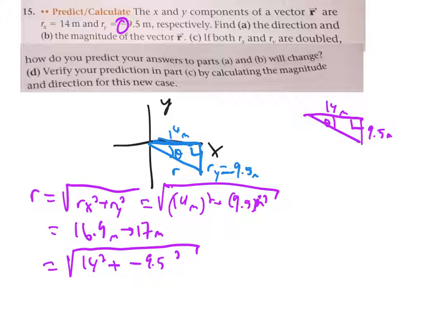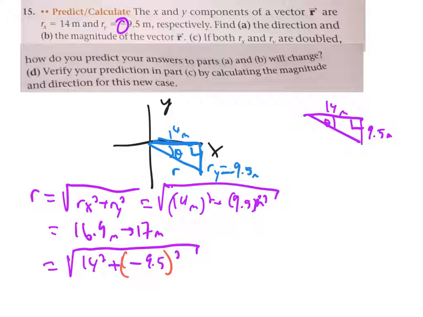So this says square 9.5 and then negate it, and that's not what you want. So if you're going to put it into the calculator, you have to remember to also protect the negative sign with parentheses. Otherwise, you're getting something which is far less than 14 squared, which means that your side is less than 14. And you know that's wrong because the hypotenuse can't be less than the other side.